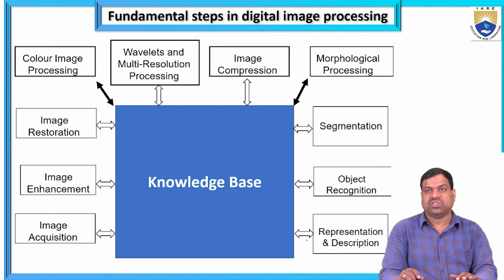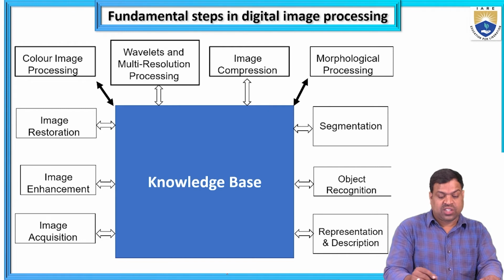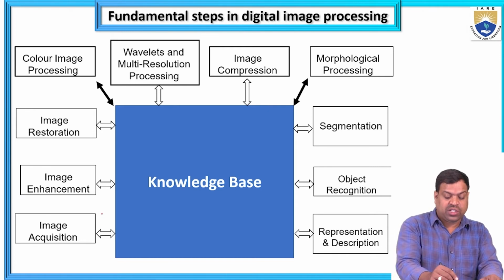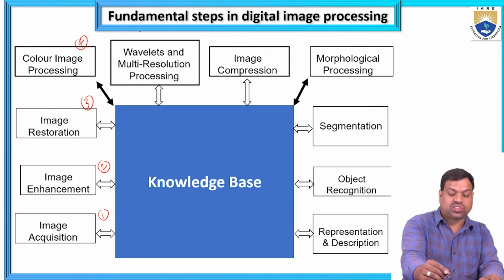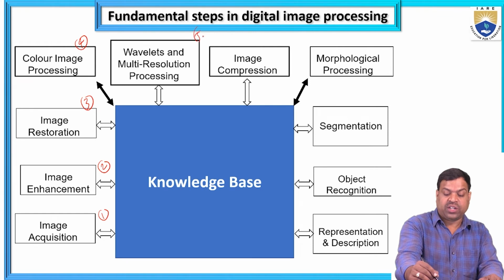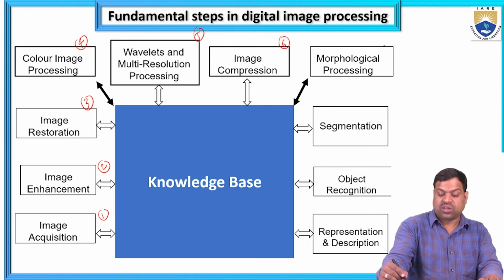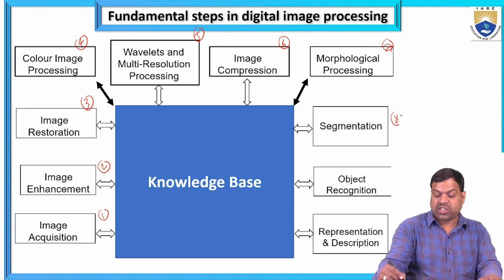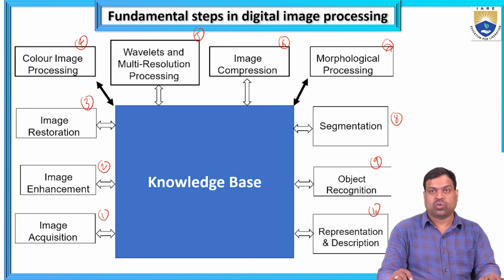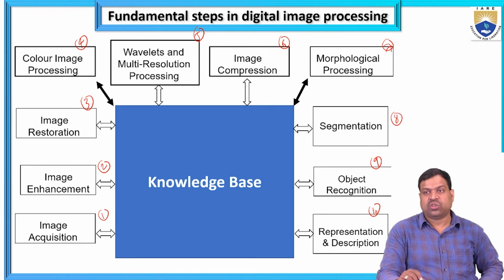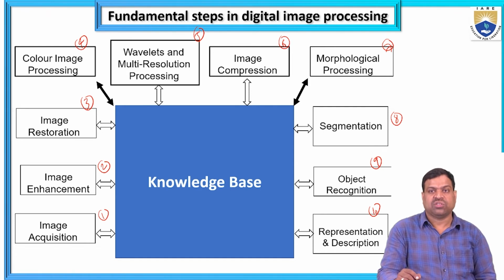These are the fundamental steps: image acquisition, image enhancement, image restoration, color image processing, wavelet and multi-resolution processing, image compression, morphological processing, segmentation, object recognition, and representation and description. Total 10 stages are there. These play a very major, important role in digital image processing.